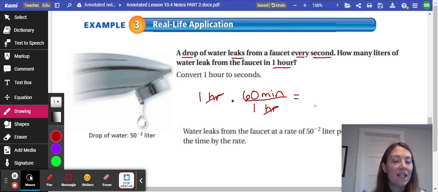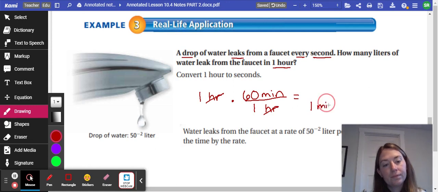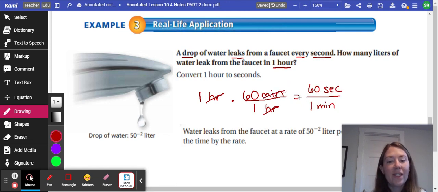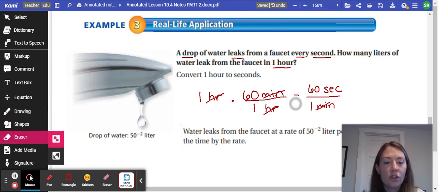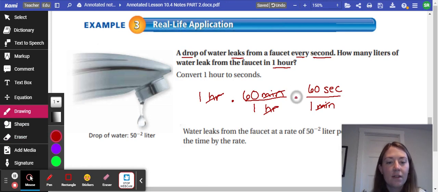So to cancel out minutes, I need them here in the bottom. 1 minute is 60 seconds. Now I can cancel out my minutes. And this should be a multiplication sign, not an equal sign. There we go. Okay, and now we're just going to multiply across.